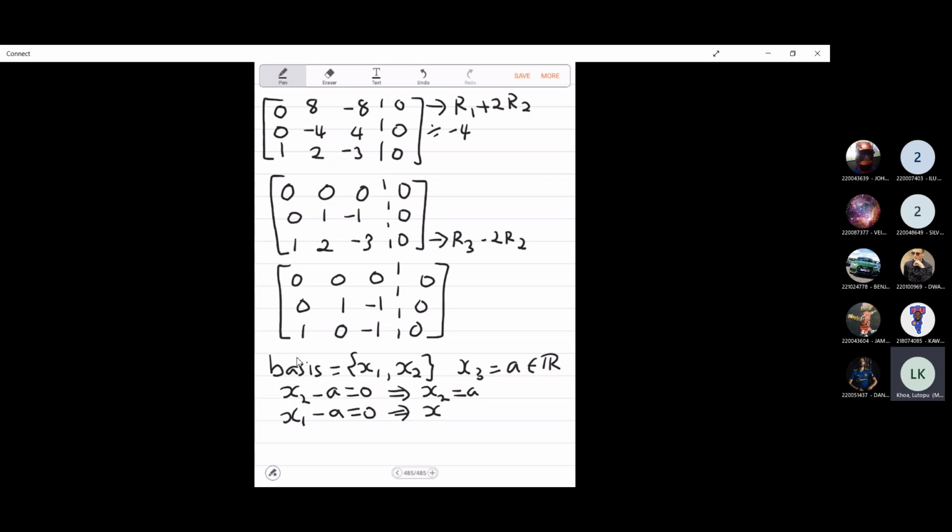This means that x1 is also equal to a. So my family of eigenvectors will be a, a, a, and then the usual one when a is equal to 1 will be 1, 1, 1.